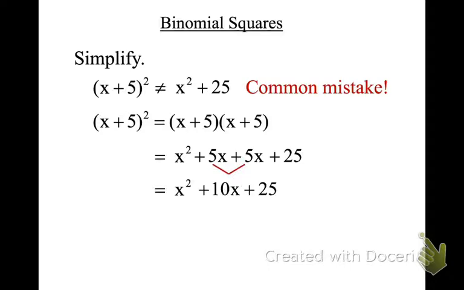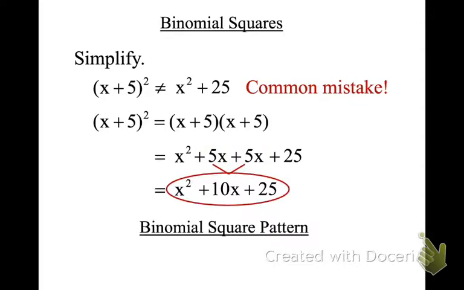So basically, notice that, okay? All right, so now the rule for binomial squares is this one, okay? So you can write binomial square on the left and write the rule.